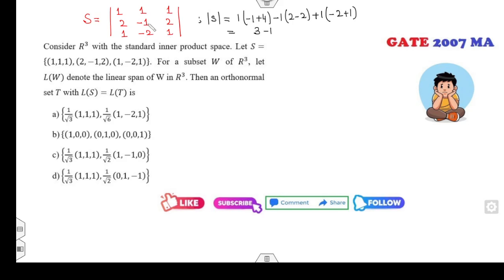So it's a -1, it's a +4, fine. Then it's a 2 - 2, fine. It's a -4, fine. Then it's a 3, which is 0. इसका मतलब these vectors are my LD. So the rank of the matrix S is my 2.